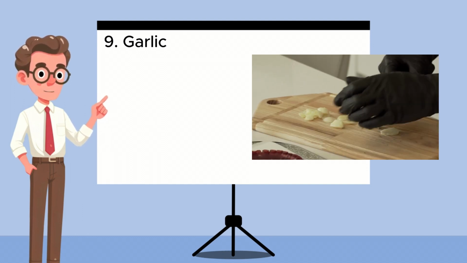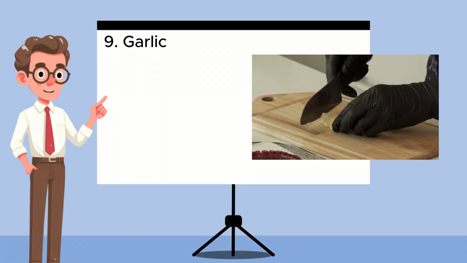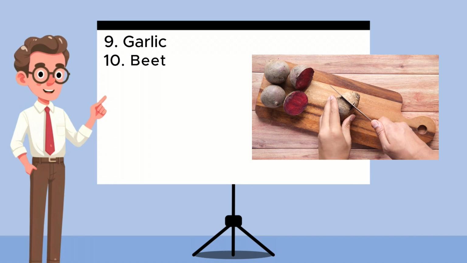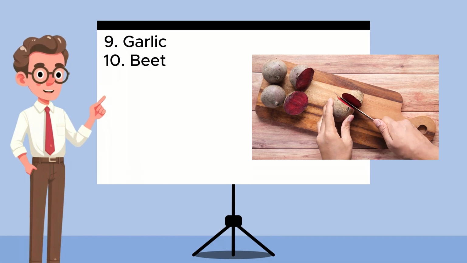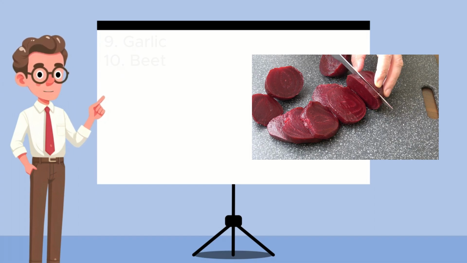Adding garlic to your meals may help improve liver function and protect against fatty liver disease. Number 10. Beets are rich in antioxidants, vitamins, and minerals that support liver health and promote detoxification. They also contain betaine, a compound that helps reduce fatty deposits in the liver and may protect against liver damage.